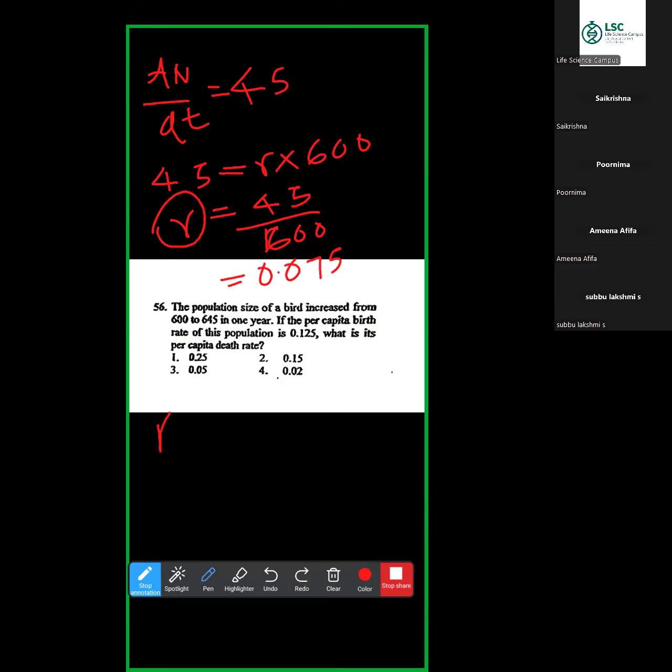The equation connecting death rate and instantaneous growth rate is R is equal to B minus D. 0.075 is equal to 0.125 minus D. So D is given by 0.125 minus 0.075.